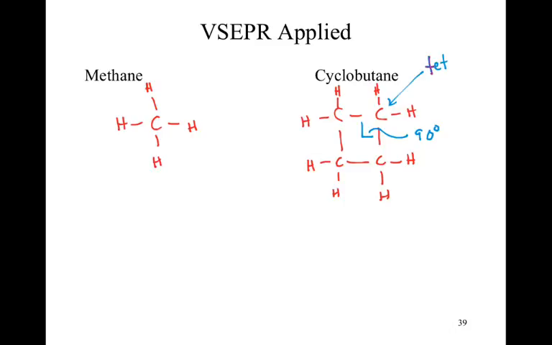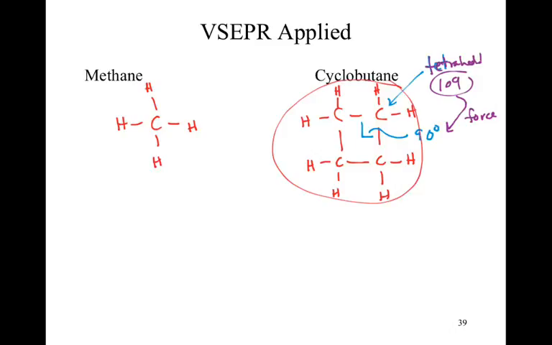Well, a tetrahedral shape needs to have what bond angle? 109. So just to build cyclobutane, I am taking this 109 degree angle and I am forcing it to be 90. By forcing it to be 90, I am putting energy into the system. That energy is now stored within the molecule of cyclobutane. What does that mean?